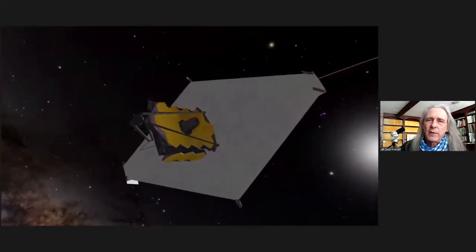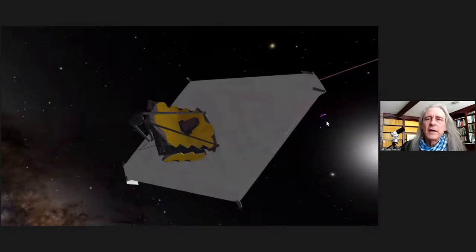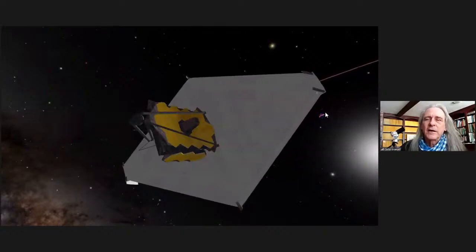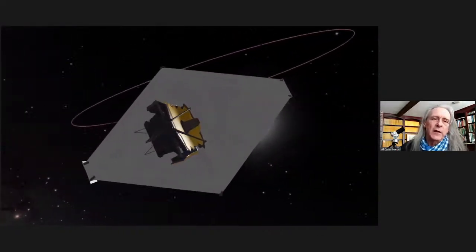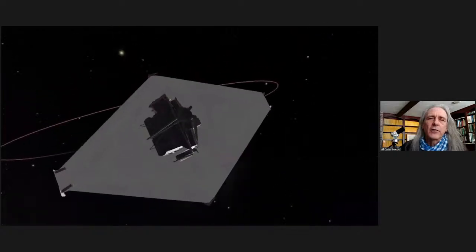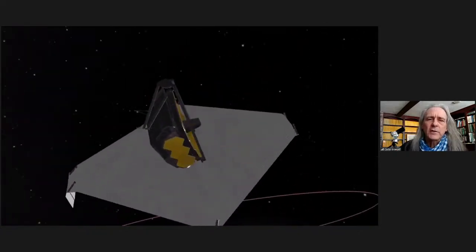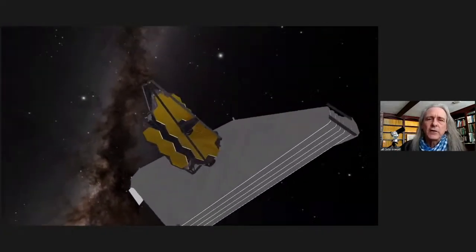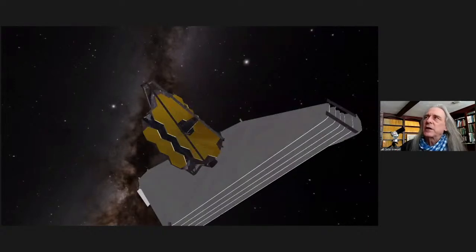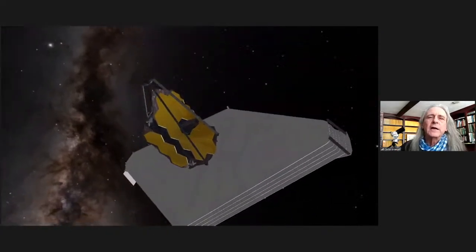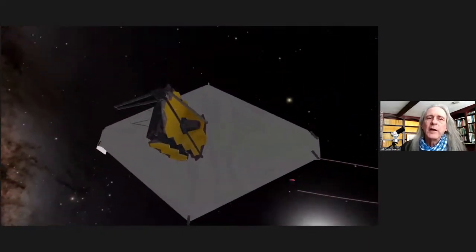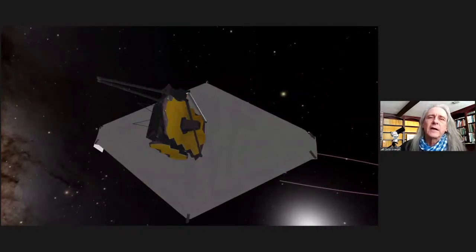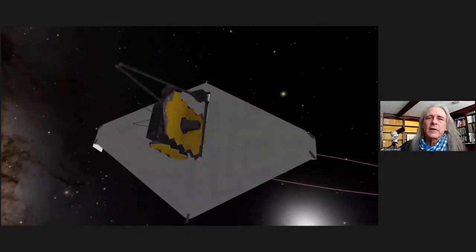If we look back, we can see Earth down there, and one orbit of, again, the Hubble Space Telescope takes about 90 minutes. With all of the sunshades deployed and then tensioned, we have basically almost a 500-degree temperature difference between the illuminated side in the sun and the side that's shaded.